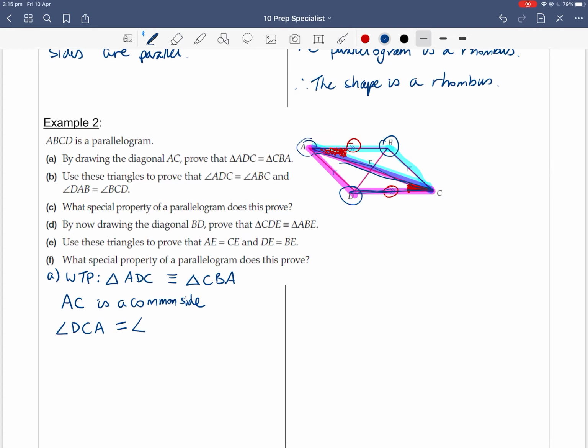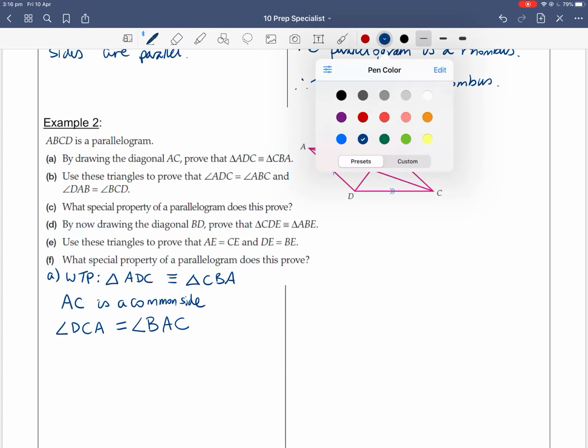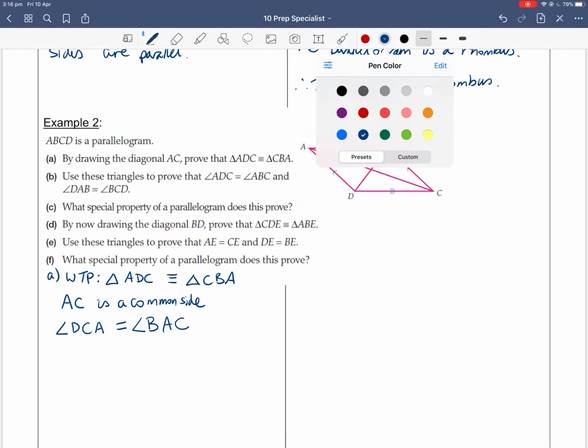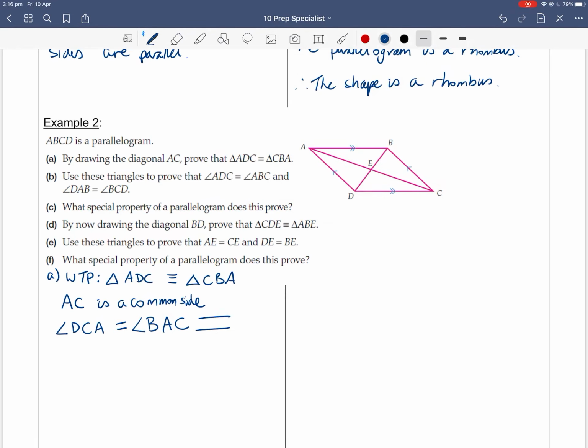So this angle A matches up to angle C. So if D matches up to B, so it becomes angle B. The C and the A match up, so we have BAC. Okay, so that's one angle there done. Let's look at another angle. Oh, we forgot to justify why the angle is the same. So we draw in the alternate angle symbol, or you want to write the word alternate angles.